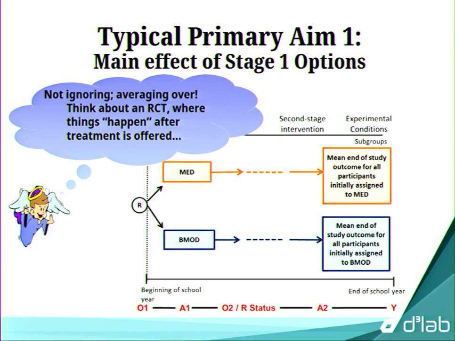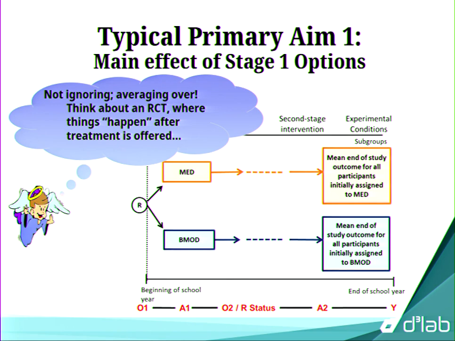Usually you're taking an intent to treat approach. In an intent to treat approach, you are comparing not the treatment that the person received, but the treatment that the person was assigned to. You're taking everybody who was assigned to BMOD and comparing them to everybody who was assigned to medication. But things happen in the middle. Elaine, you talked about this.